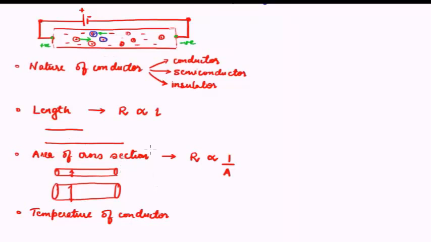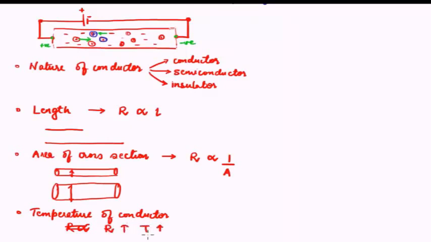I hope you understand the idea that though these ions are fixed, they have a vibration of their own, right? And as the temperature increases, the vibration increases, they block more path, and resistance increases. So resistance is, maybe not directly proportional, but let's say this way, resistance increases as temperature increases.